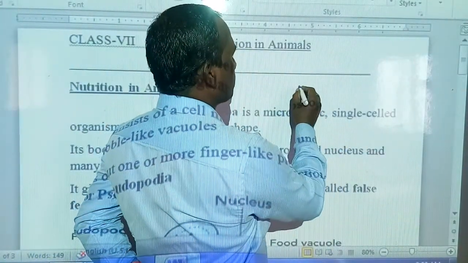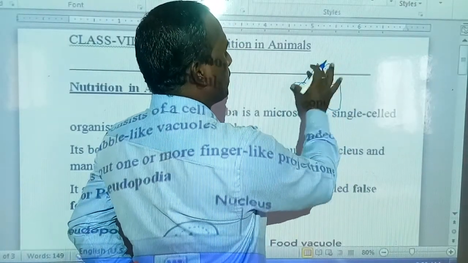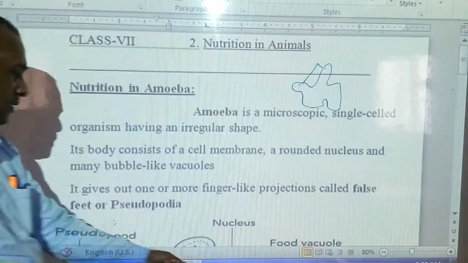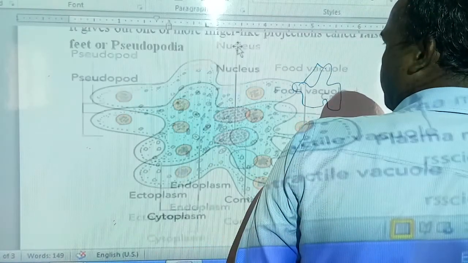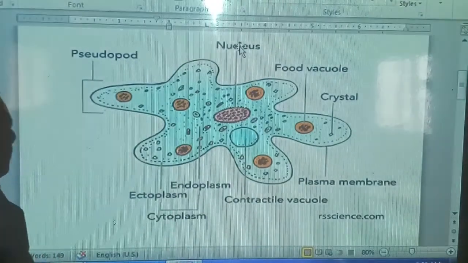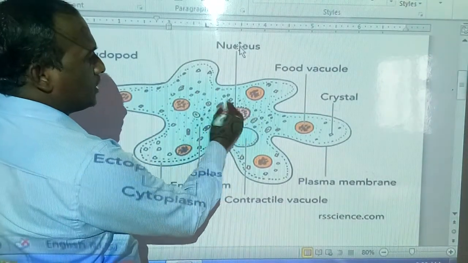You see, students, this is called pseudopodia or the false feet. I will explain that here. Observe the figure I have pasted here. Observe, students, this is called an amoeba. Here in the center is one single cell.